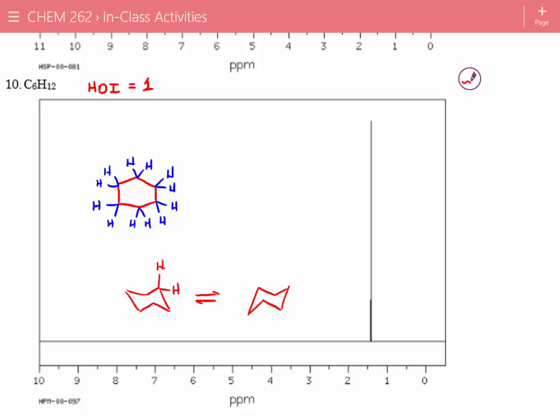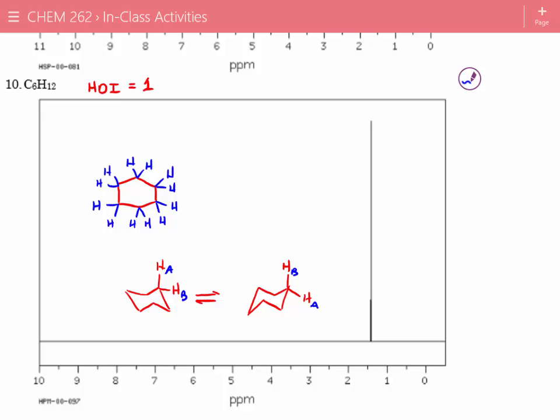So now if we look at these protons, actually let me do it this way, and I'll label these. H axial is now in the equatorial position, and HB, which was equatorial, is now in the axial position.